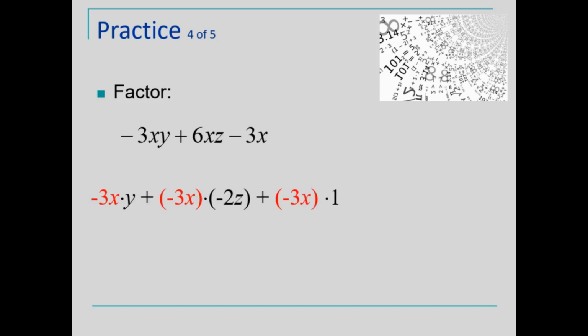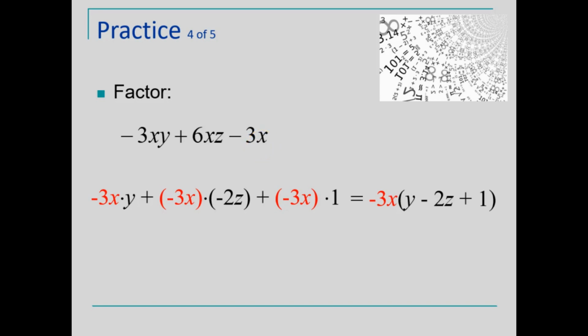Factoring the largest common factor is indicated here, and completing the step with the distributive law, we see that we have our greatest common factor times the remaining terms after the factorization. And if you notice, the signs are the opposite of what they were because of dividing or factoring out the -3x. Note the 1 here in the last constant term in this trinomial, since the last term had only the common factor of -3x.